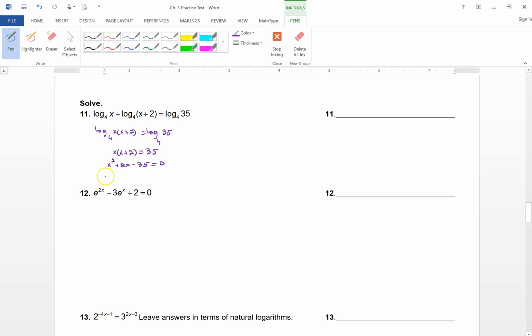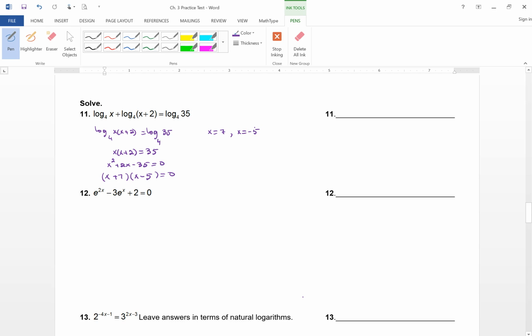And we can solve this one by factoring: x plus 7, x minus 5. So now I get x is equal to 7, x is equal to negative 5.